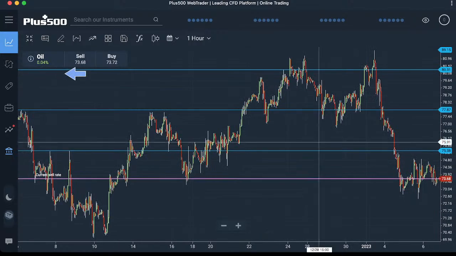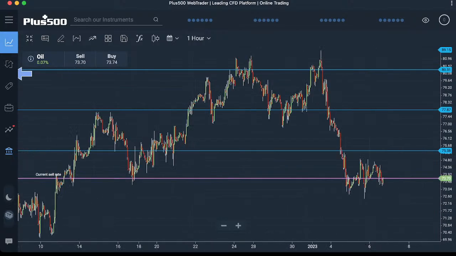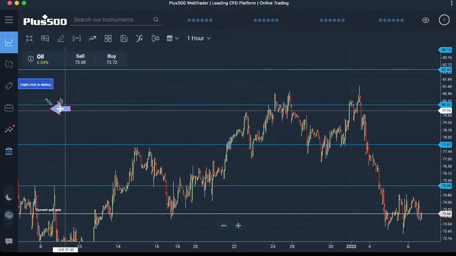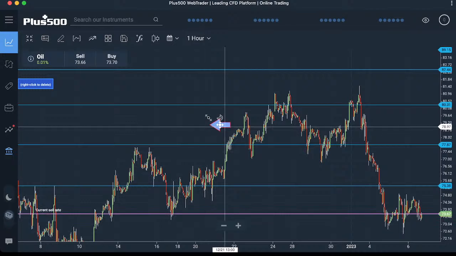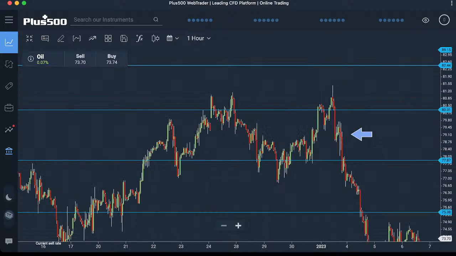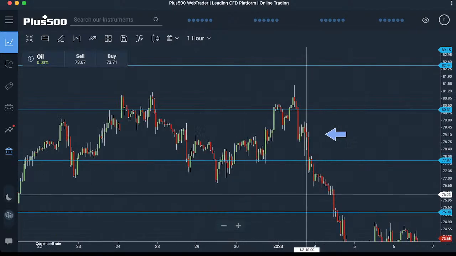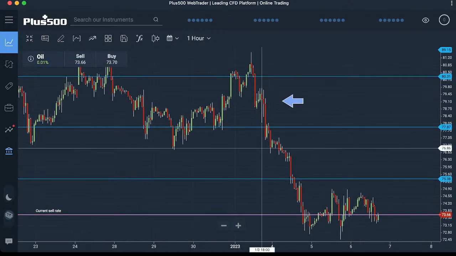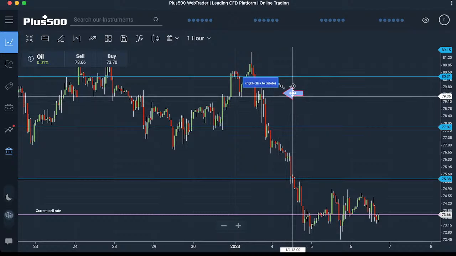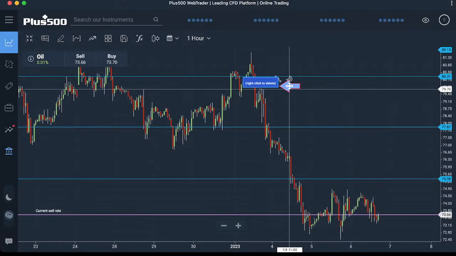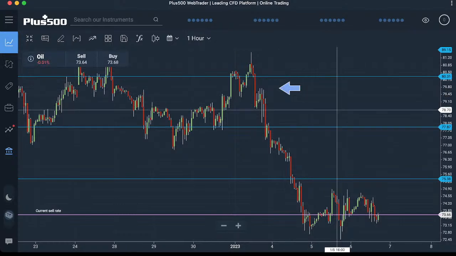And if I want to discuss the recent price action, you can see here this was the price action in 2023. This reaction to this level was rejected, and it actually created the fair value gap.